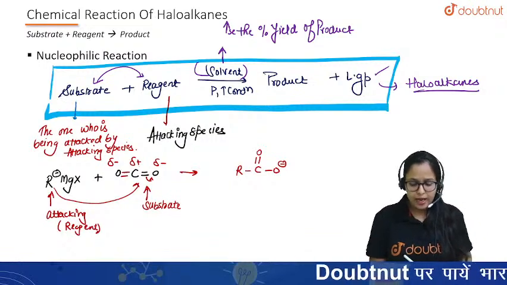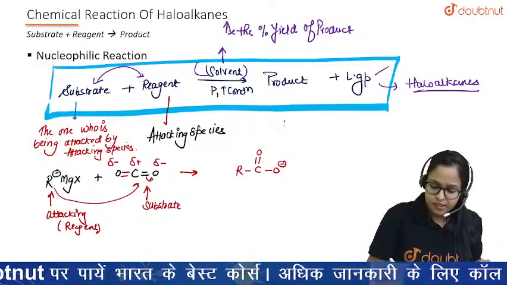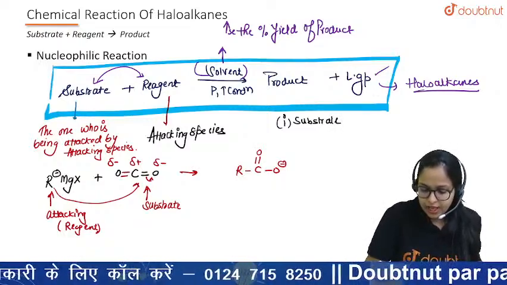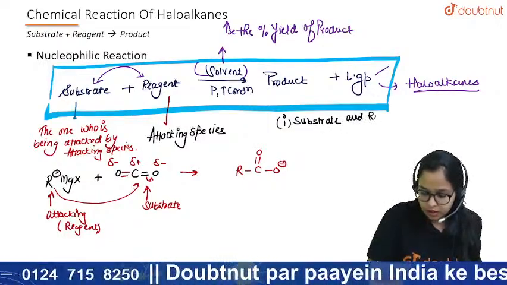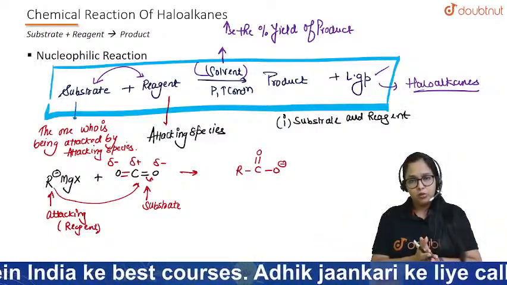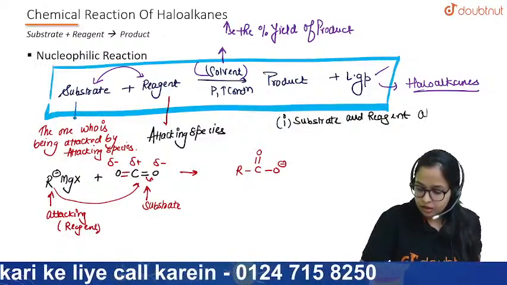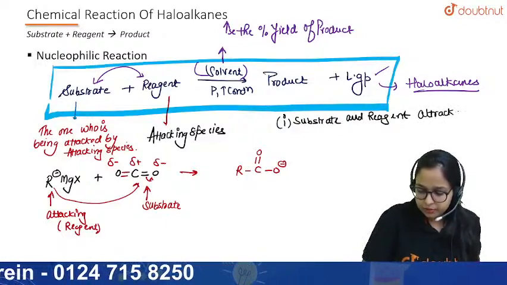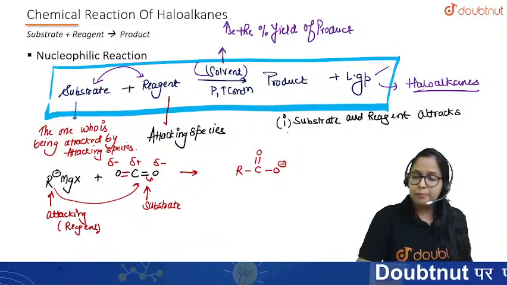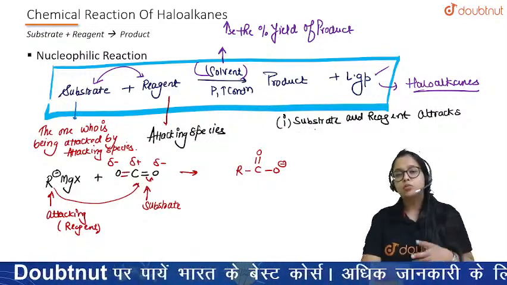Also you must know how the reaction proceeds. In the first step, substrate and reagent attract towards each other. Substrate and reagent are of opposite nature. They come closer, they attract towards each other, collision happens, the old bonds are broken and the new bonds are formed.